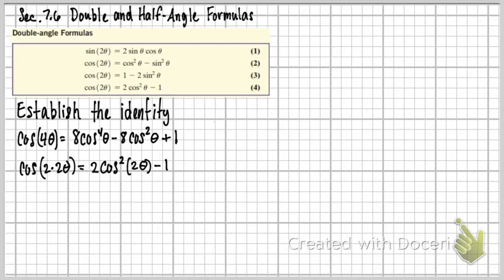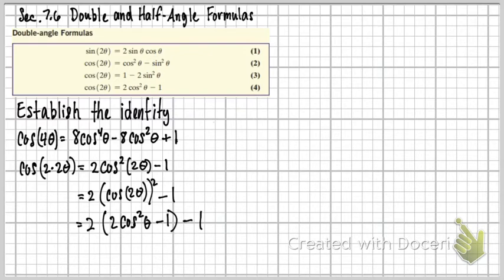So this is going to equal 2, and then in here I'm going to have that cos of 2 theta squared minus 1, which equals 2, and what is cos of 2 theta again? It's going to be 2 cosine squared theta minus 1, minus 1. Don't forget my squared.